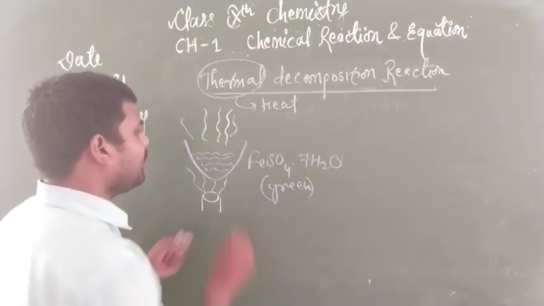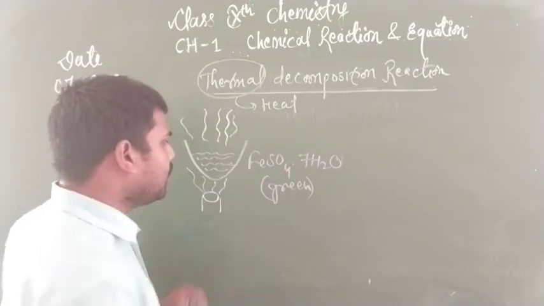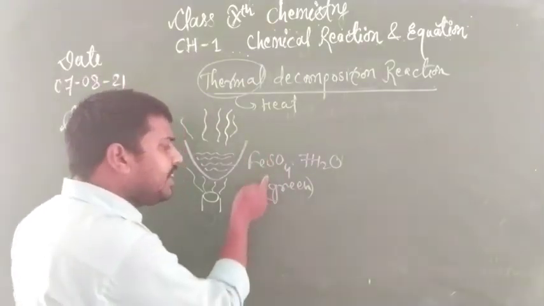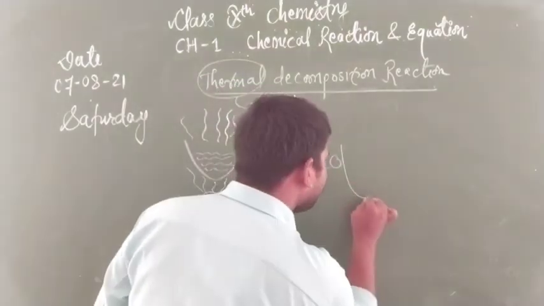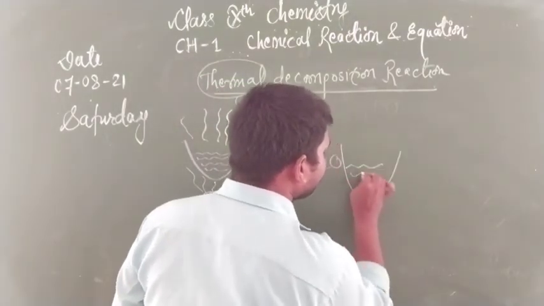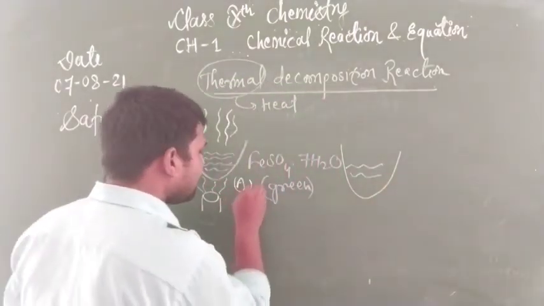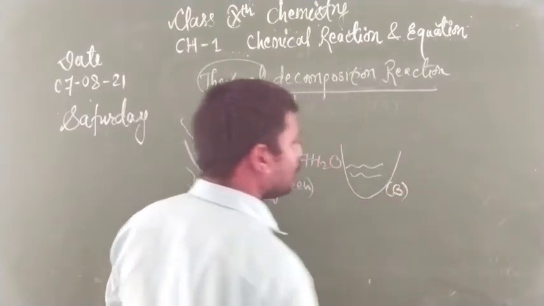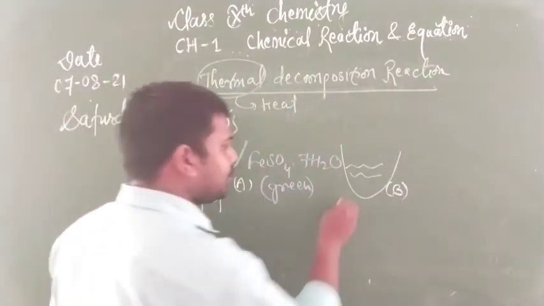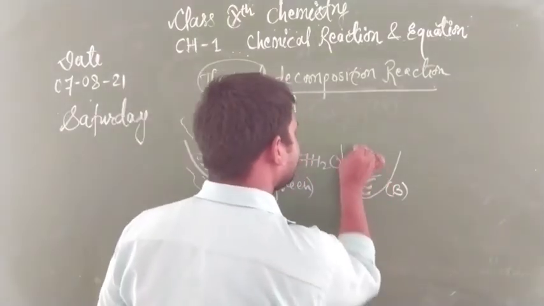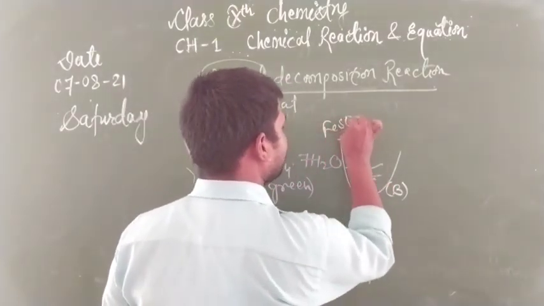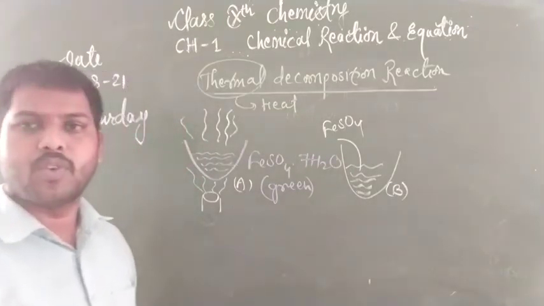Water molecules will evaporate, children, and only ferrous sulfate will remain in this China dish. Clear everyone? In the second step you can see, this one is A, this one is B. In this China dish, children, the remaining is FeSO4.